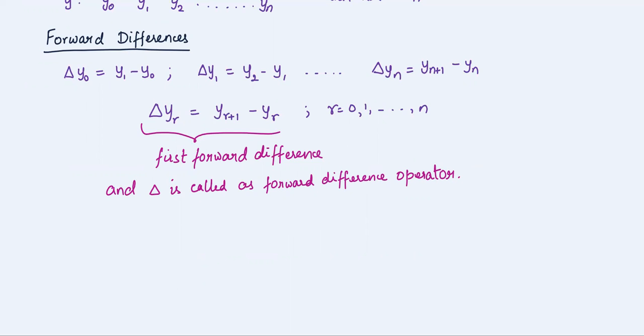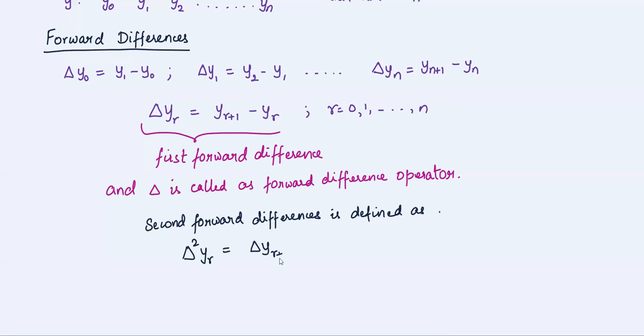Now, second forward differences. The second forward difference is defined as delta square yr, which is the difference delta yr plus 1 minus delta yr.